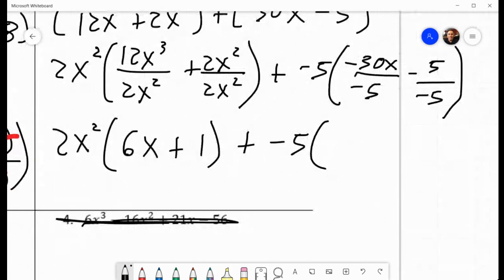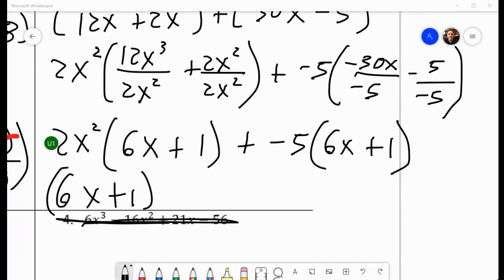Hold on, you can't see that. Okay, now you can see it. Minus 30x over minus 5, well, that's just 6x. And minus 5 over minus 5, well, actually, no, that's plus 1. And so we have that factor of 6x plus 1. Let me just skip the step and get to the answer. You have 6x plus 1 times 2x squared plus negative 5.